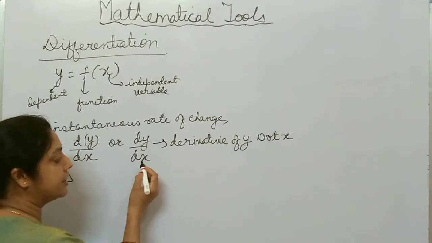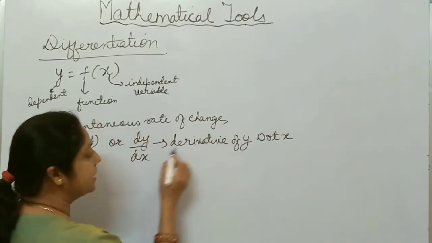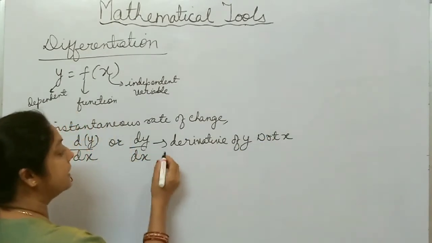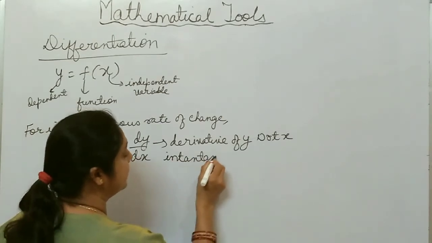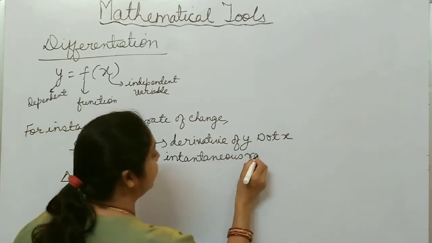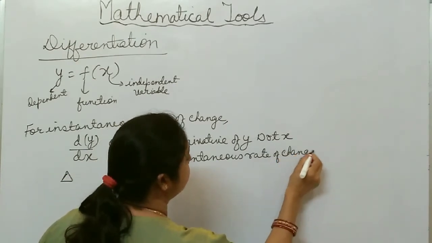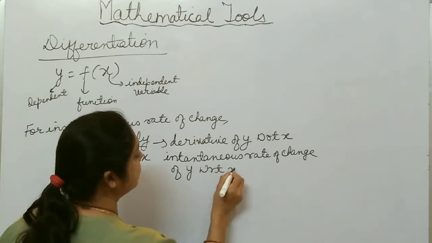How that function changes, you can simply write as the derivative. Its meaning is the derivative of y with respect to x, or the instantaneous rate of change of y with respect to x.